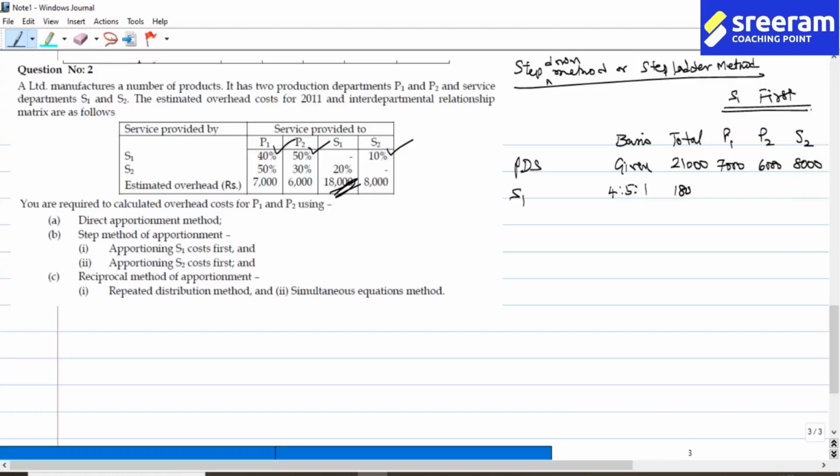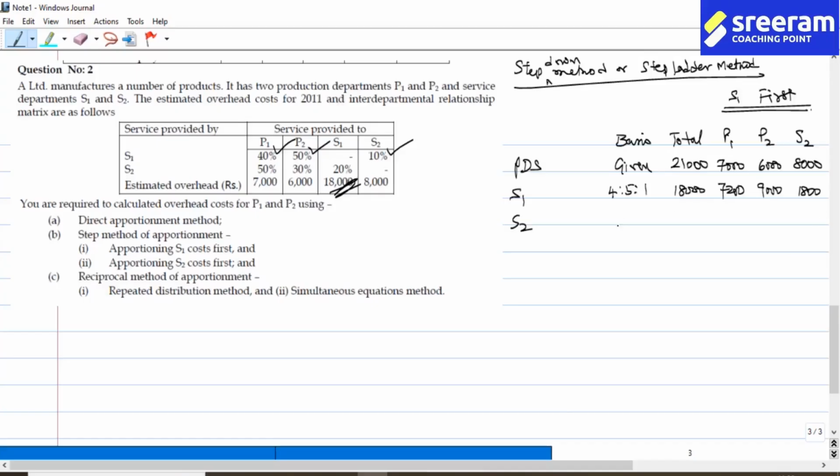I will take up 18,000 here and distribute it, of which 40% to P1, 7,200, 9,000 and 1,800. Is that right? So this 18,000 is getting distributed between P1, P2 and S2 in the ratio of 4:5:1. Is that okay?